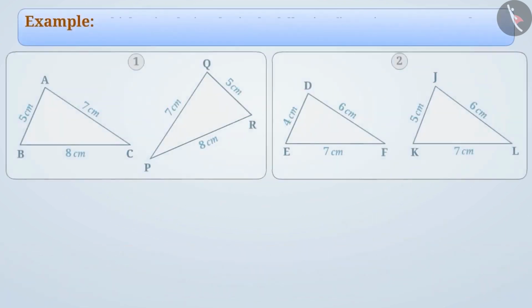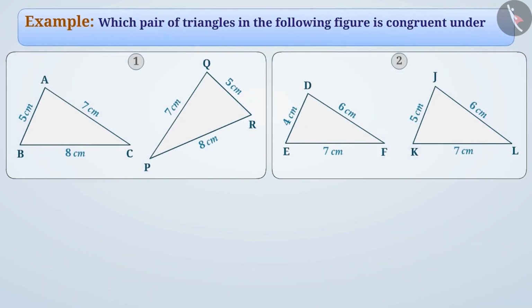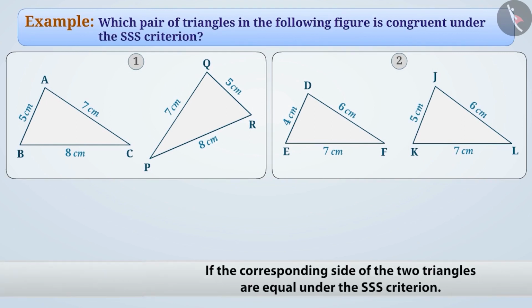Next example. State which pair of triangles in the following figure is congruent under the SSS criterion. By the SSS congruence rule, if the corresponding sides of two triangles are equal, then those triangles are congruent. Consider the first pair of triangles, that is, triangle ABC and triangle QRP.